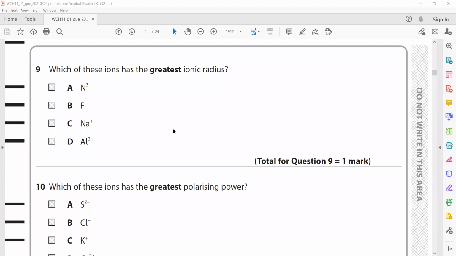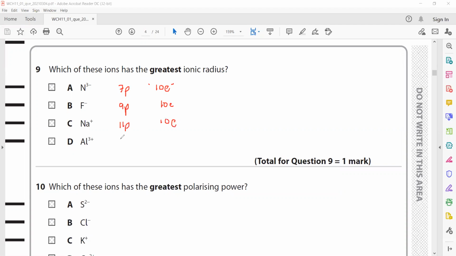Which of these ions has the greatest ionic radius? When you check, nitrogen has 7 protons, and minus 3 means a total of 10 electrons. Fluorine has 9 protons and 10 electrons. Sodium has 11 protons and 10 electrons.